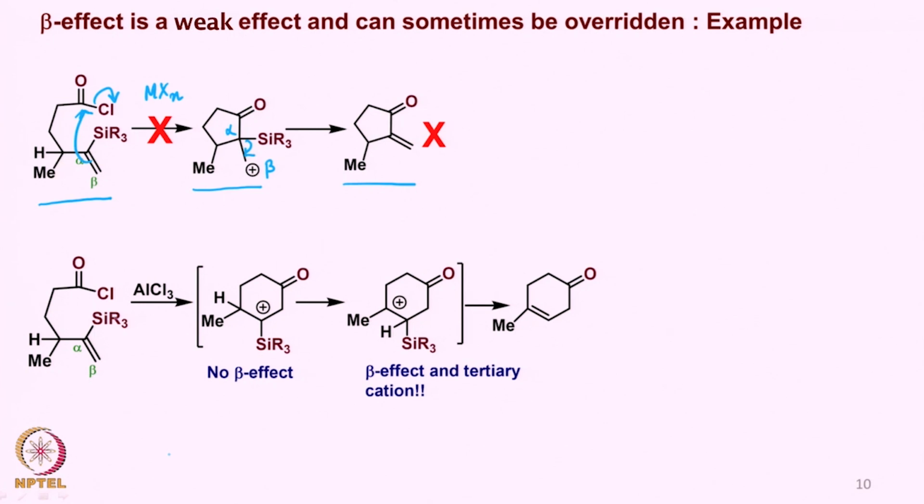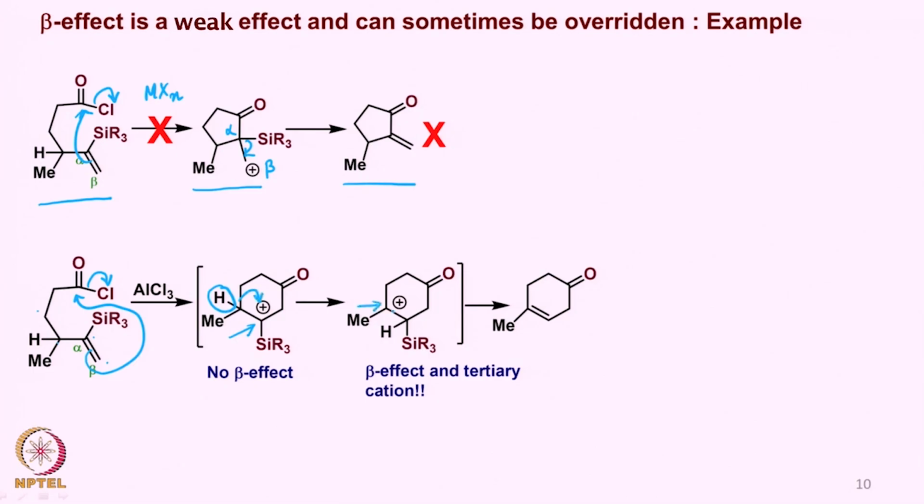What happens actually is that once the Lewis acid like aluminum chloride reacts with it, then the beta position, that is not the carbon holding silicon but the next carbon, attacks in this fashion here, forming a 6 member ring, that is 1, 2, 3, 4, 5 and 6 member ring, and now it is an alpha carbocation next to the silicon, which we now say is not stable, and therefore since it is not stable, it immediately undergoes a 1,2 hydride shift and forms a tertiary cation here.